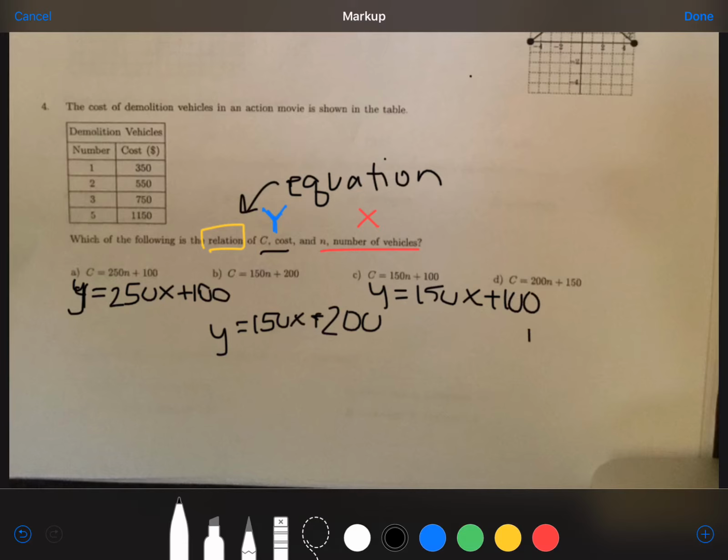And on D, Y equals 200X plus 150. So you replaced all the C's and N's with X and Y's. The reason we did that is because the calculator can't graph C and N, but it can graph X and Y. And we're going to use the calculator to pull up the tables.